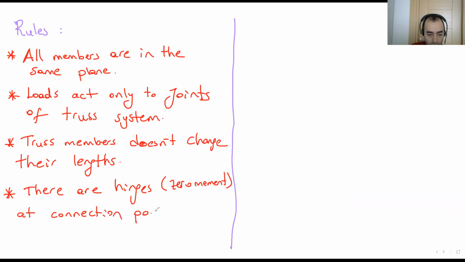Connection points or joints of members. Okay, these are the rules that I tried to explain.